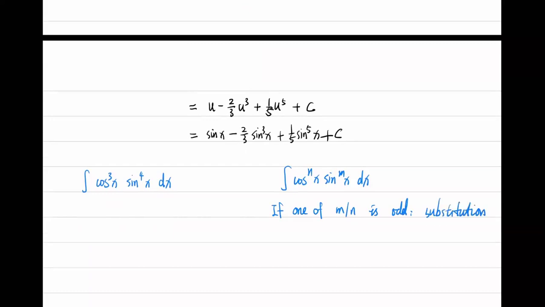So what here, this is odd, so we will split to cosine squared x sine^4 x, the leftover cosine dx. Substitution, so this will be our u derivative. U will be sine x.